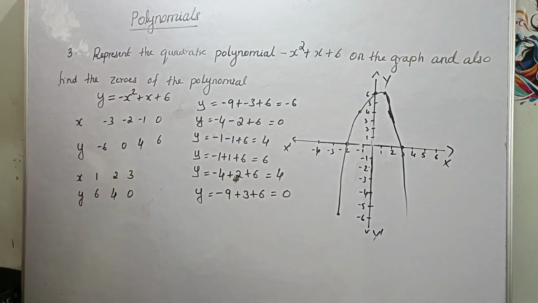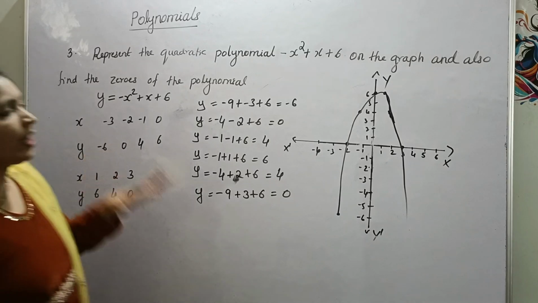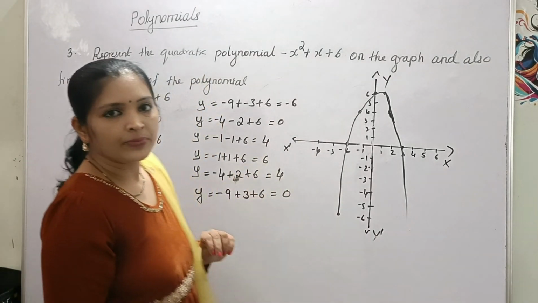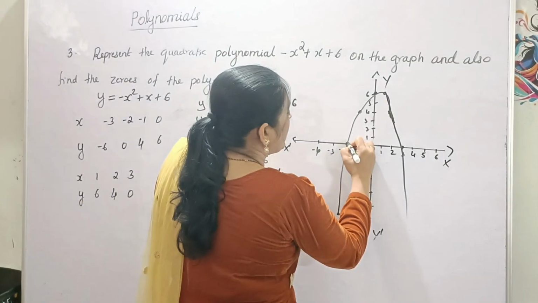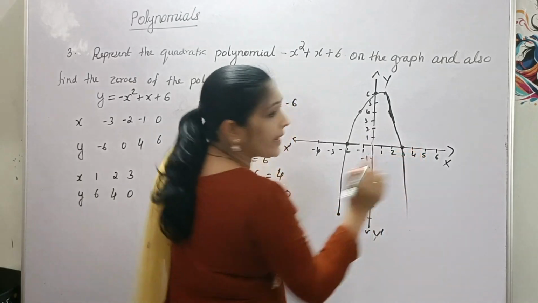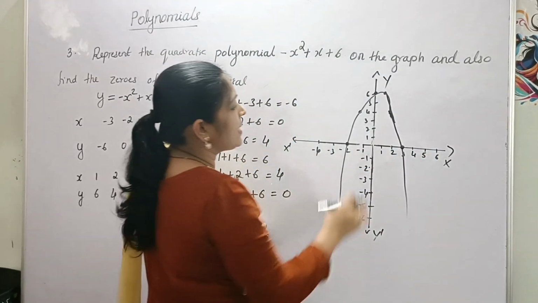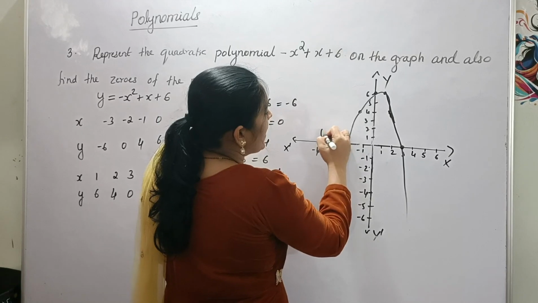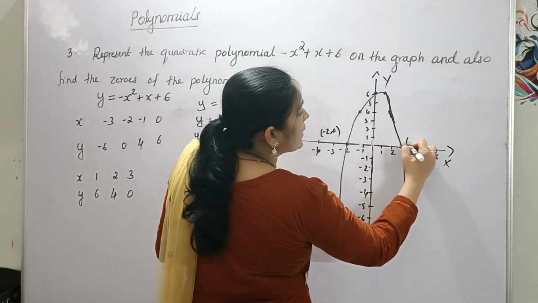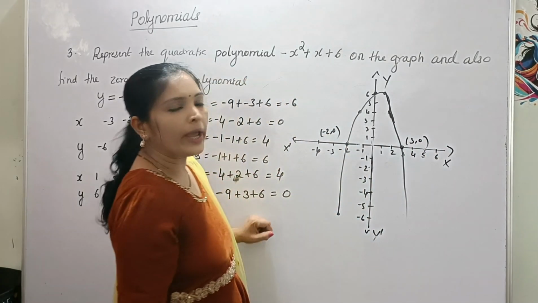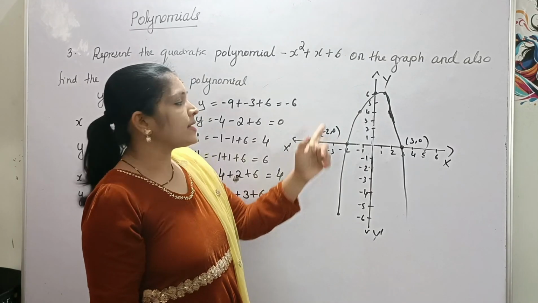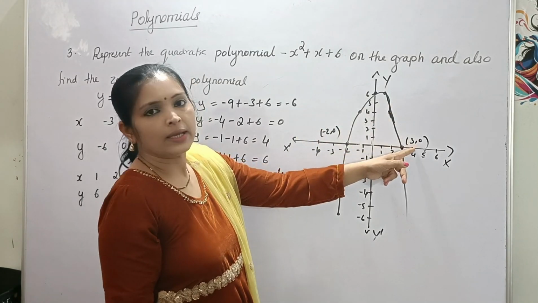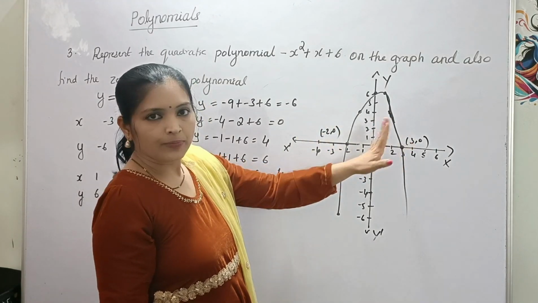Okay. Therefore, here this parabola touches at 2 points on x-axis. Okay, this parabola intersects x-axis at 2 points, that is minus 2, 0 and 3, 0. Okay. So what are the x coordinates? Minus 2 and 3. Okay.